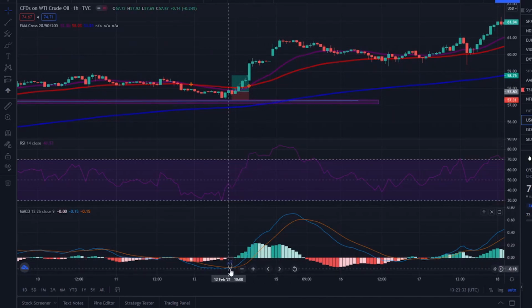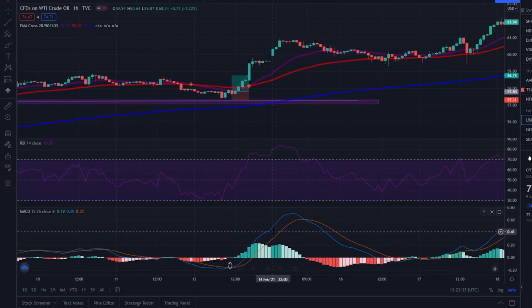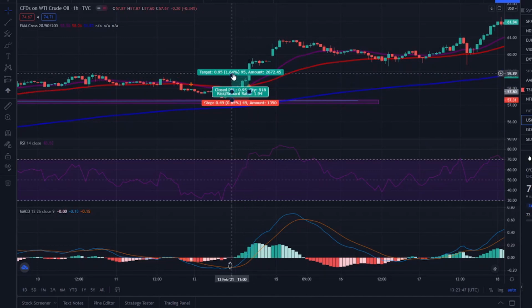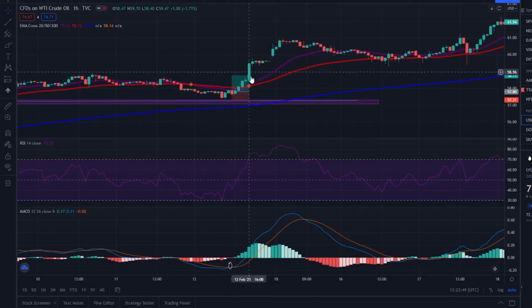So now we see the MACD turning above 0 and the RSI turning above the 50 level. So we are in the bullish part now. And if you see, the green candlesticks are very bullish here, so you don't want to exit.